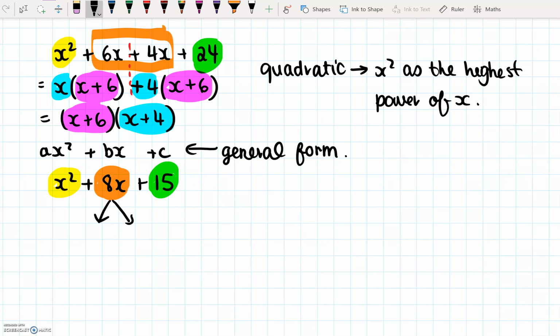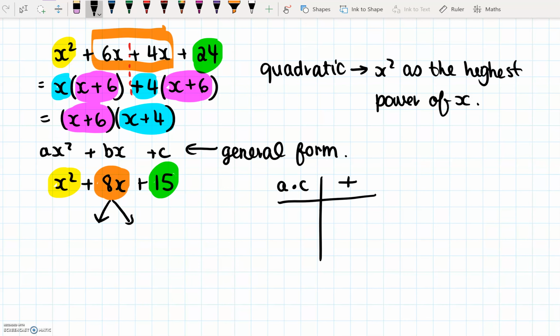Okay, now if we want to factorize this, we actually are going to use some of these to work it out. So the first thing we need to do is make a little table here. Okay, now in one of the tables we're going to have a times c, and in the other part of the table we're going to have just b.